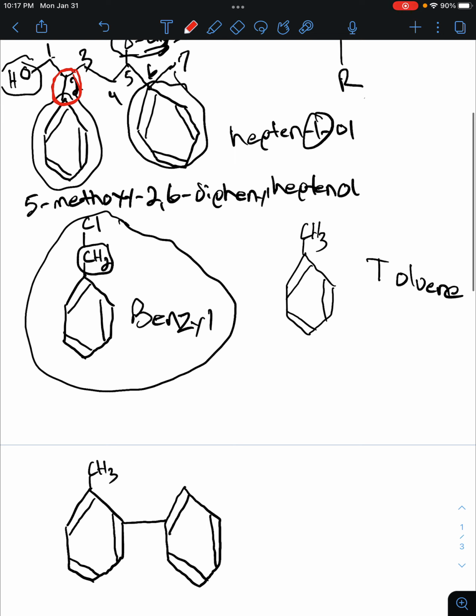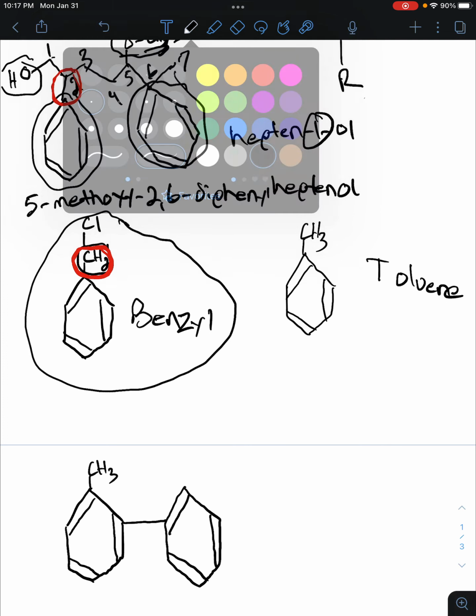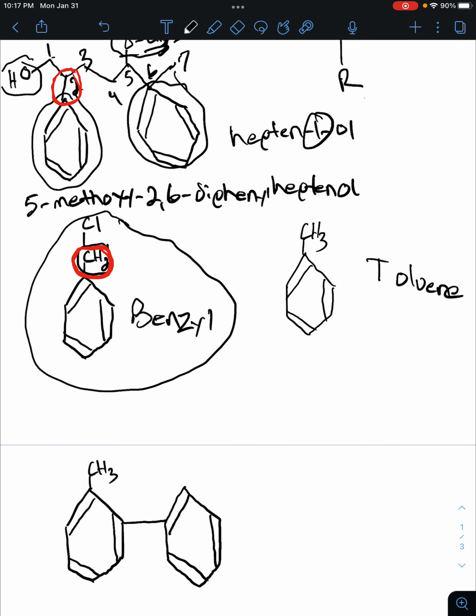Down here you have another group that's actually a part of the benzene ring by itself. So that would be benzyl. So you would just simply name this benzyl chloride. Benzyl chloride, which is more of a functional class name.